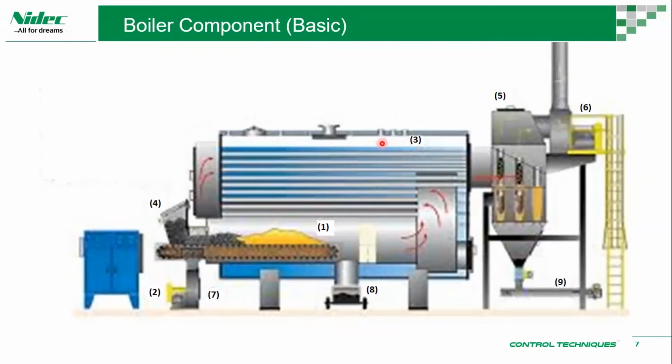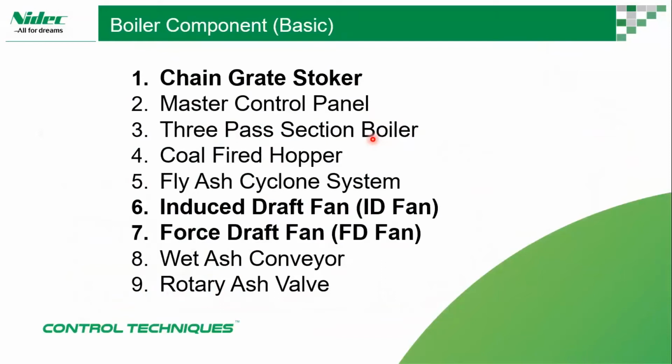So this steam pressure we need to take out from the boiler. We can use it like a bypass, so we can reduce the steam pressure to 0 from this 3-pass section. That's the simple function.